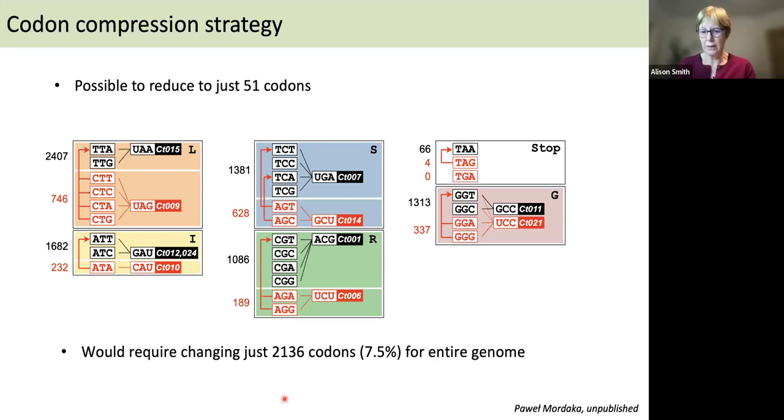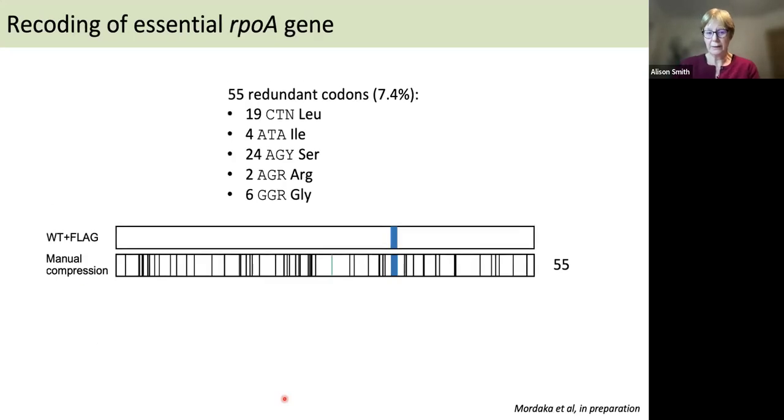So we decided to try to do 1 gene at a time and test the effectiveness of that. And the gene that Pavel chose was the RPOA gene. So this is for the alpha subunit of the RNA polymerase, which is encoded by the chloroplast, as I mentioned before.